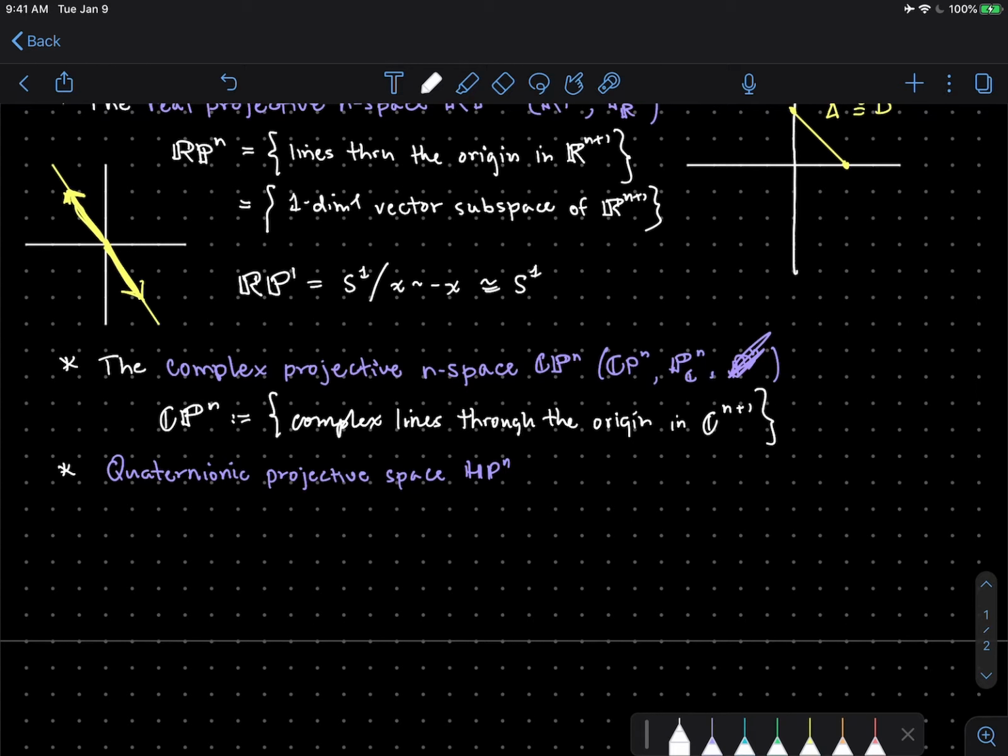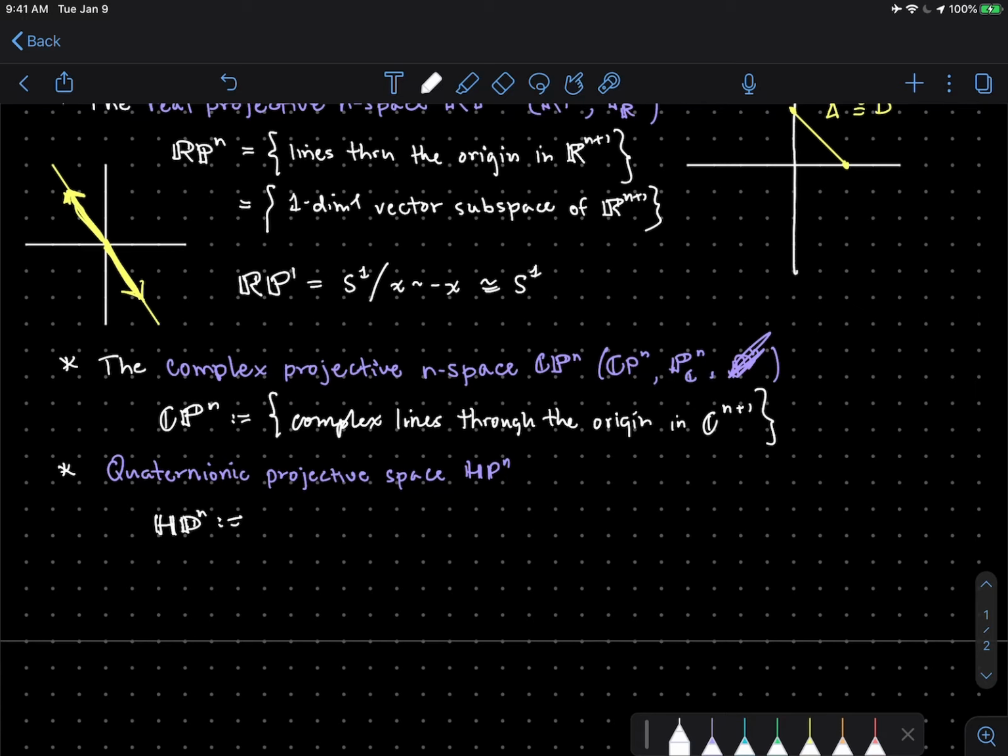And I'm going to make sure to write this in the vector subspace definition, because, well, the quaternions H are not a commutative algebra.